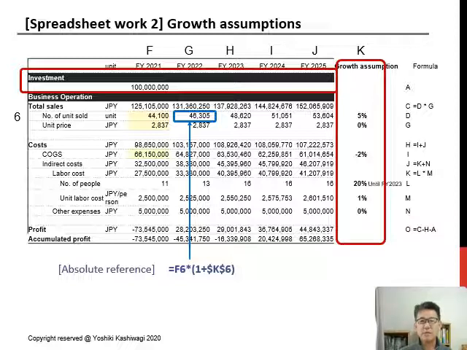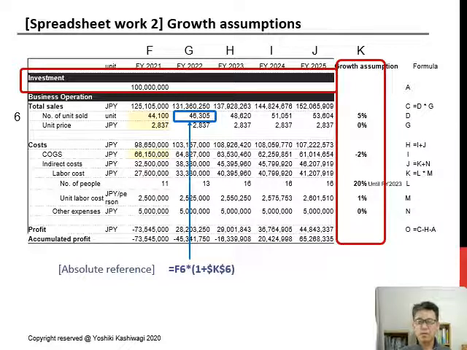In this case, equal F6, that is the number of units sold of FY 2021, the previous year, times bracket 1 plus, I refer to the cell K6. That is 5%.